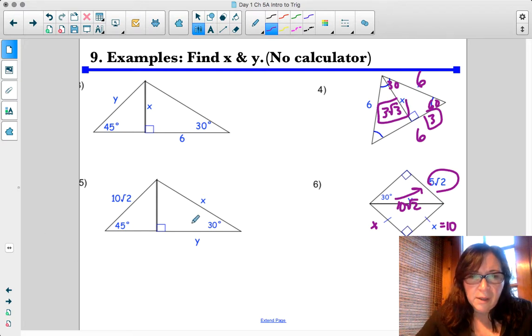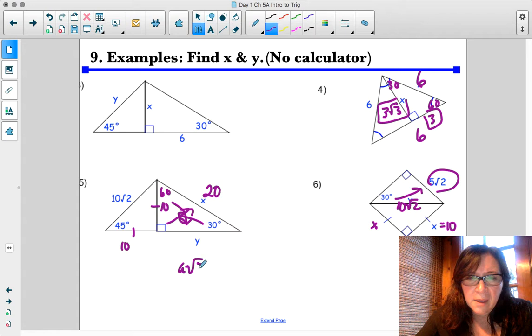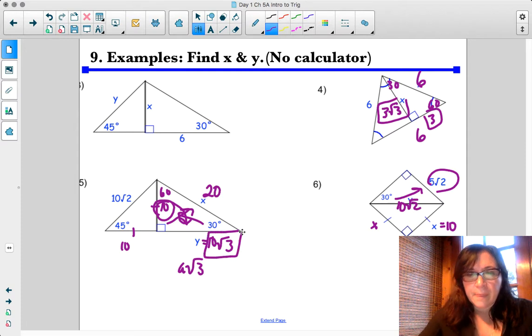For this one, a 30, 60, 90, 45, 45, 90, x root 2. So this side's 10, this side's 10. Opposite the 30 is 10. Opposite the 90 is 2 times that. And opposite the 60 is going to be a root 3. But if a is 10, so y is going to equal 10 root 3.